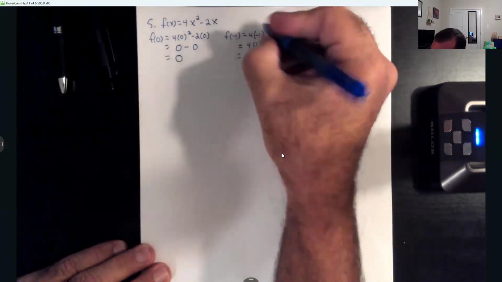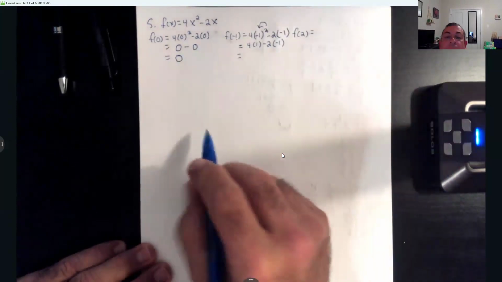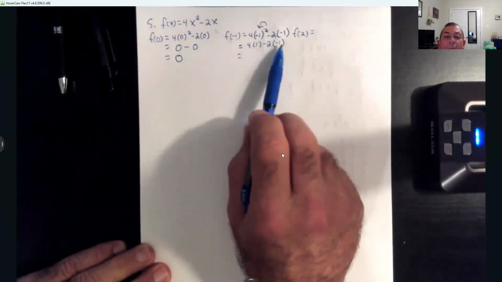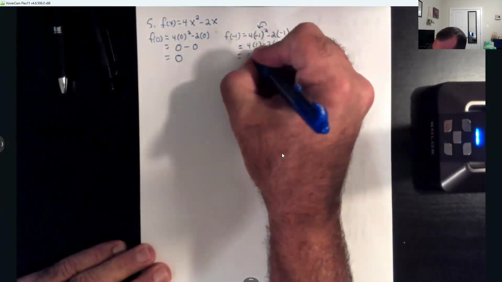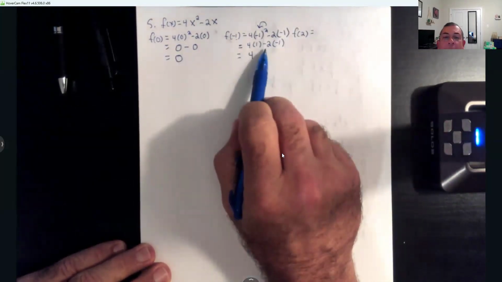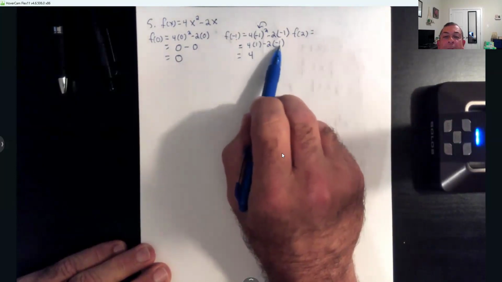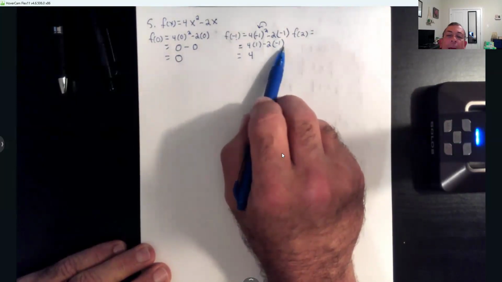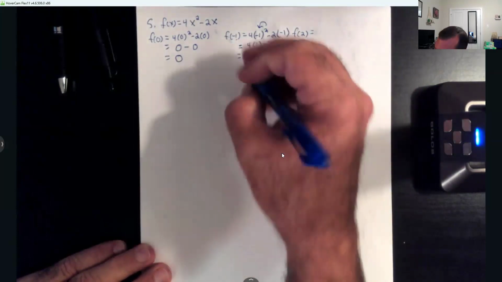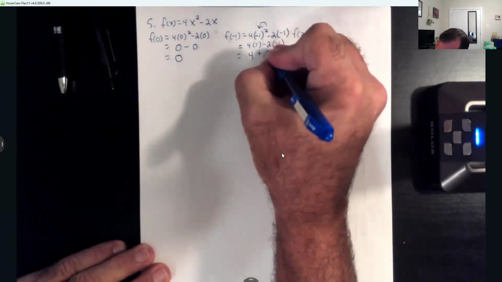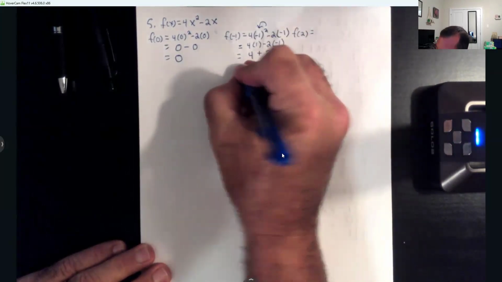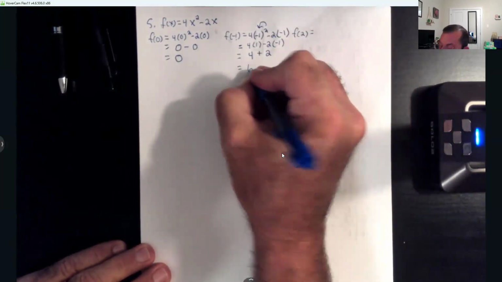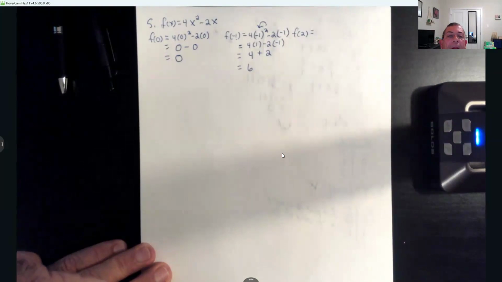So I just did the exponent first. Now I'm going to multiply this and I'll multiply this. So 4 times 1 is 4. Right here, you're subtracting a 2 times -1, which is going to make that a +2. All right, so 2 negatives will make that a positive. And then y'all, 4 plus 2 gives us 6.